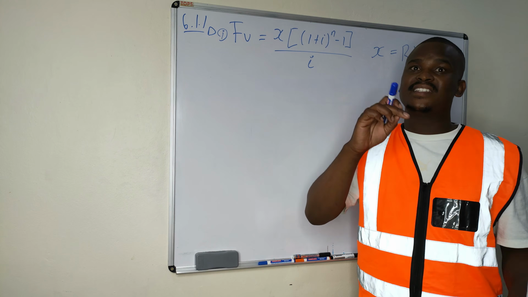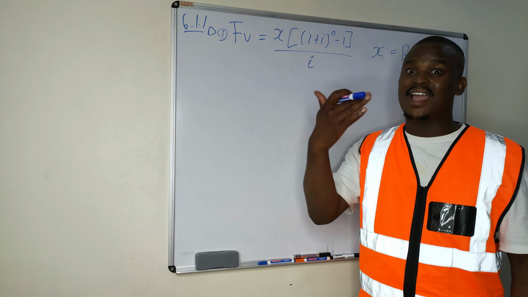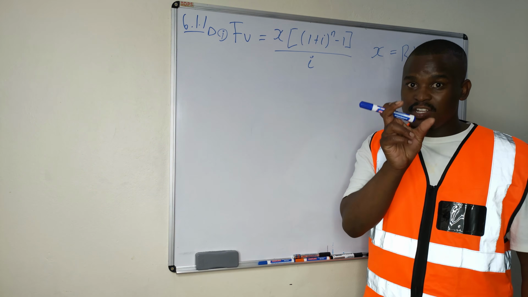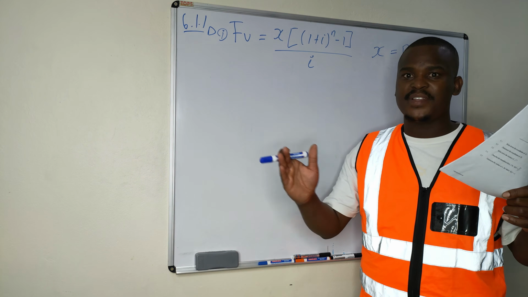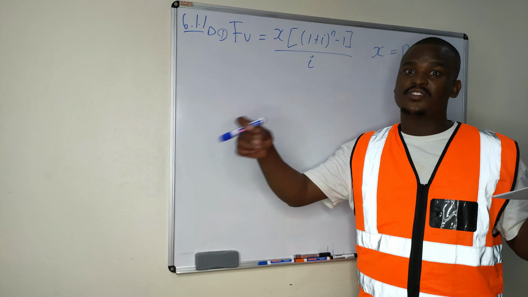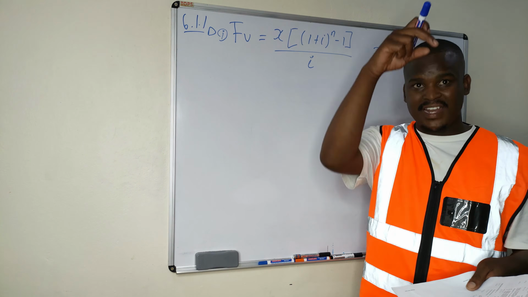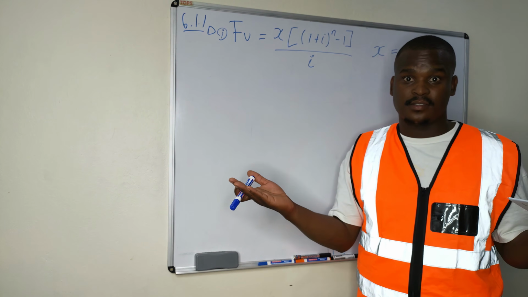Since this is compounded monthly, which means you are gaining interest monthly, your interest rate should be split. That 7.5% should be split over those months so that you get an equal division of that 7.5% over 12 months.